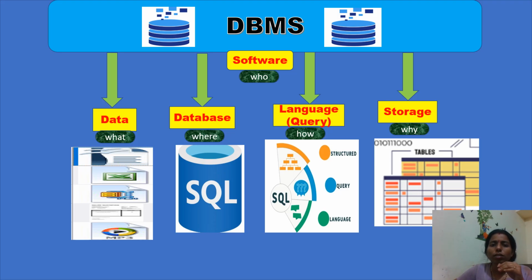From the picture you can see it is saying who, what, where, how, why. It is completely worth saying, because whenever we come across something as a layman in our day-to-day activities, the first things that come to our mind are the 5Ws and H: who, what, where, how, why.